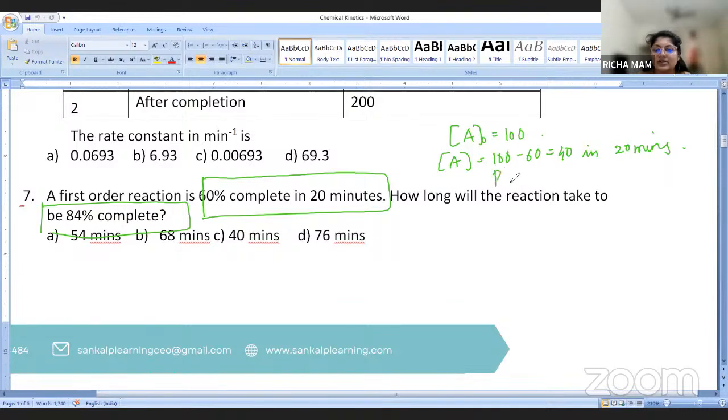So the rate constant K is 2.303 over t, log of [A]0 by [A].